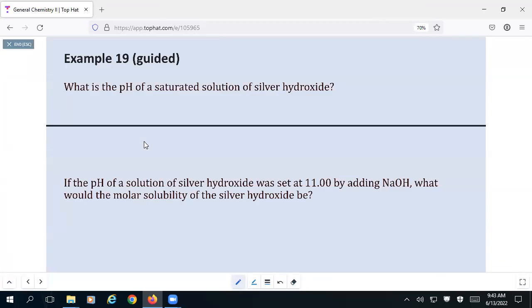All right, so let's do one more example, kind of in the same framework as what we were looking at with that pH common ion effect kind of idea. So we're looking at silver hydroxide, AgOH.